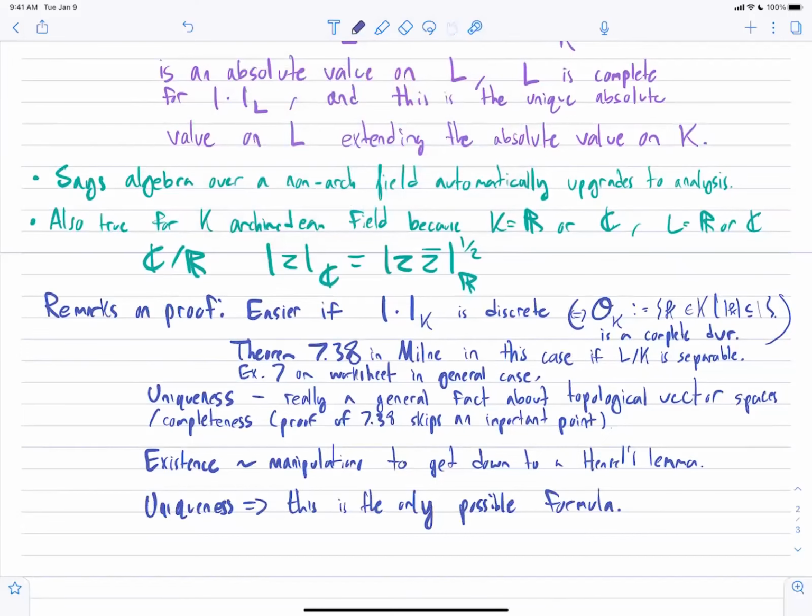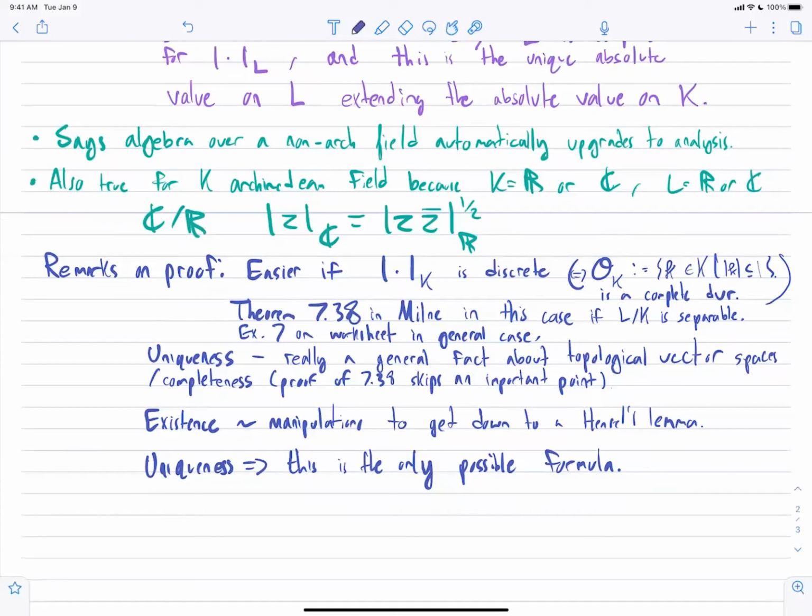And the point is, let's just say we're in the Galois situation.